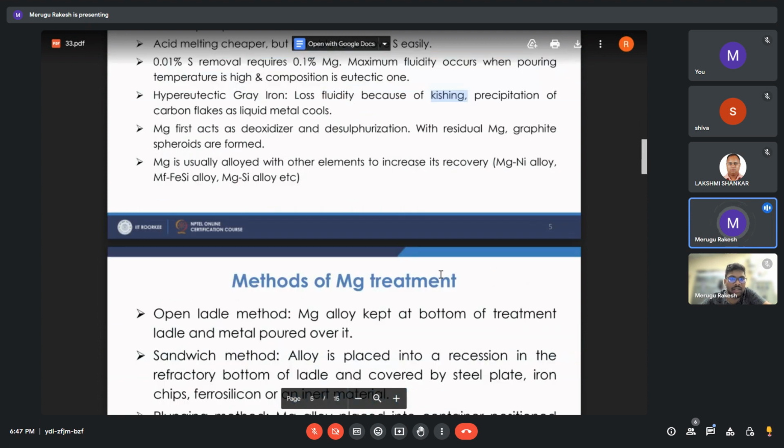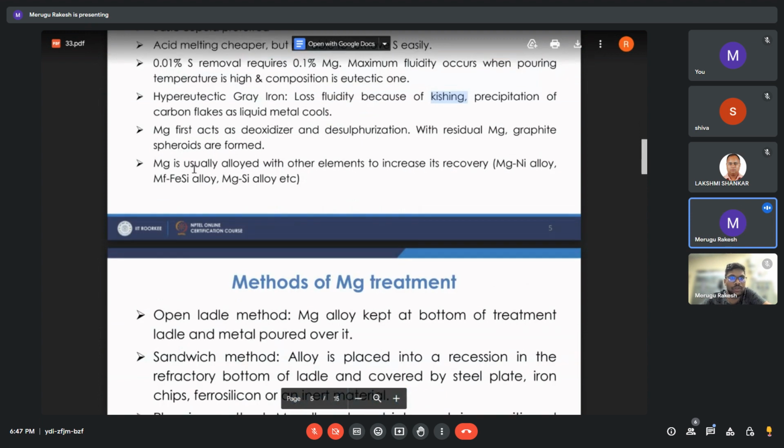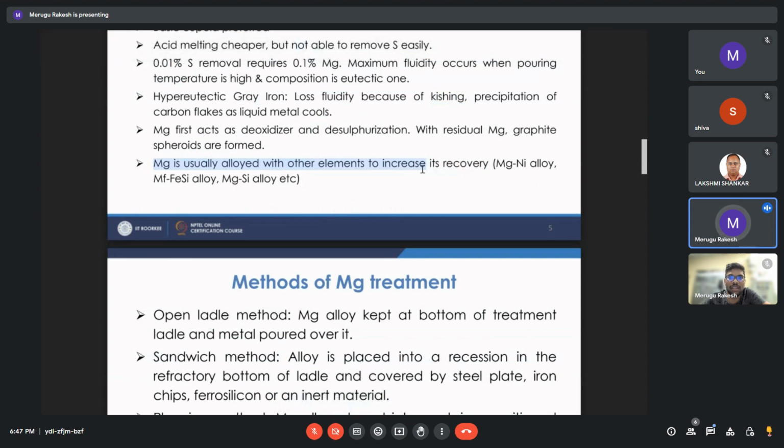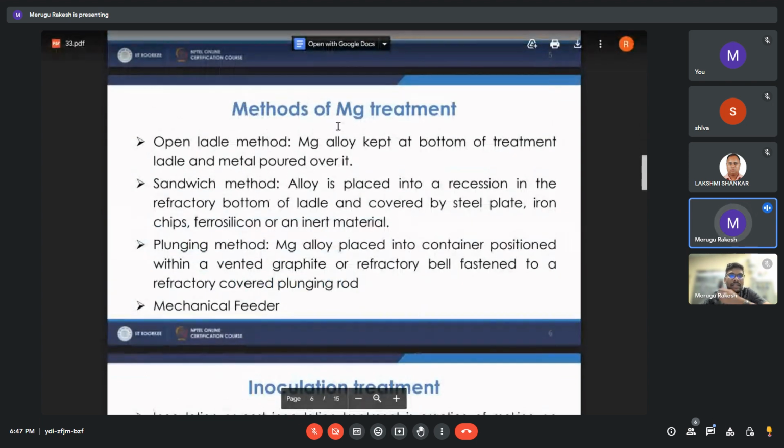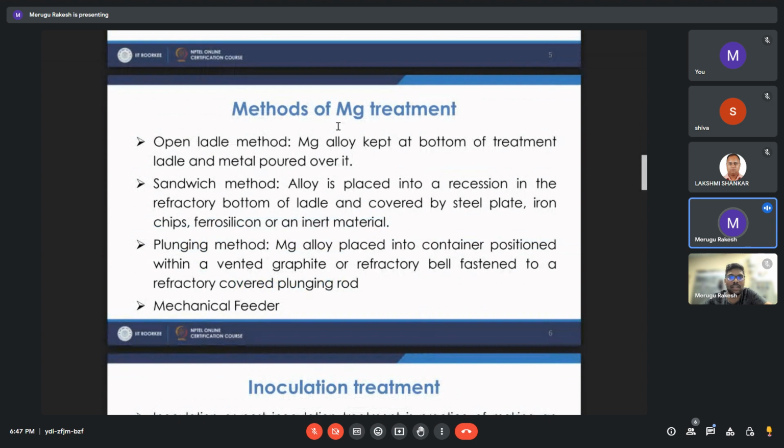Okay, let me discuss. This magnesium is usually alloyed with different elements in order to get the recovery. I will discuss this recovery in this method. Basically, whatever magnesium we are adding to this ductile iron, we have to add it to remove the sulfur. But how do we add this magnesium?